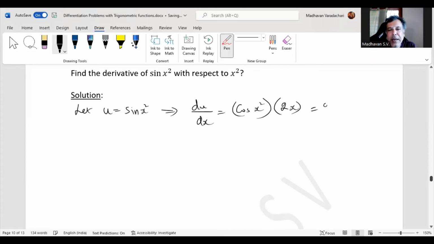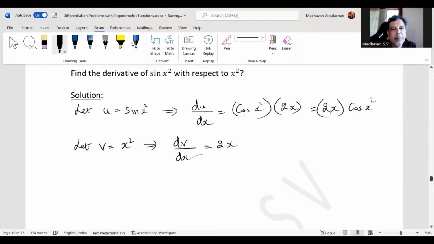So ultimately we can write it as 2x times cos of x square. Then let v is equal to x square, which means our dv by dx is 2x.